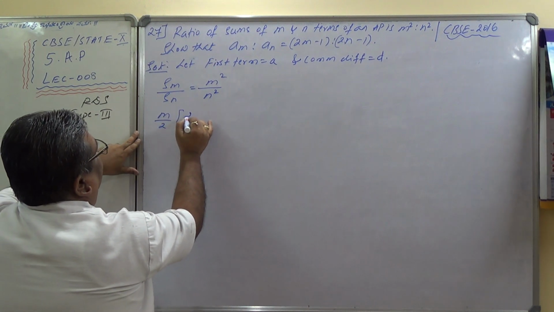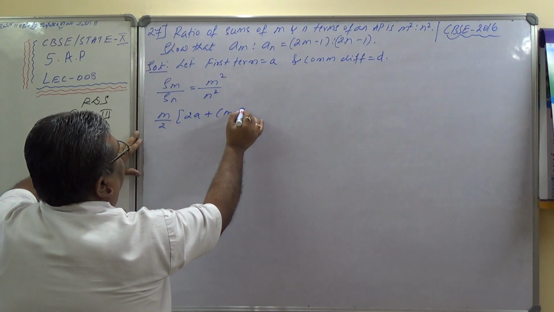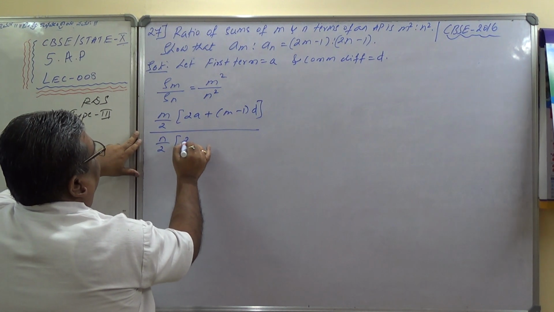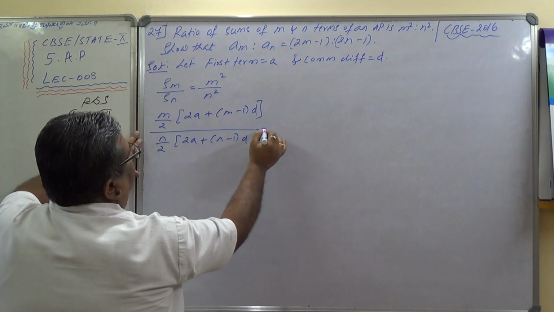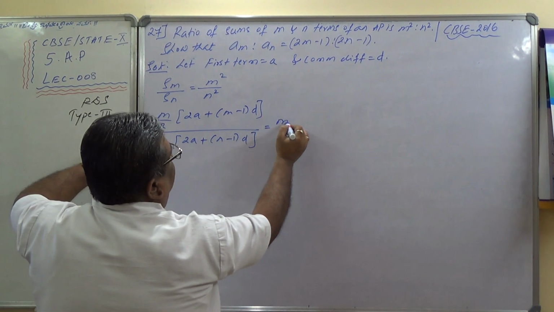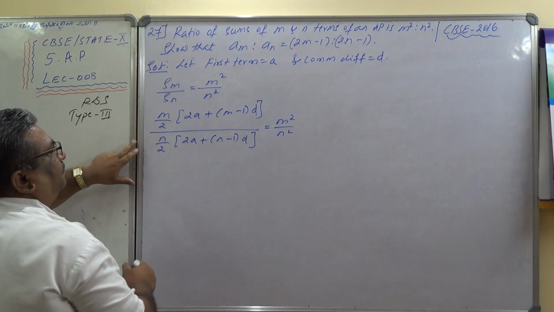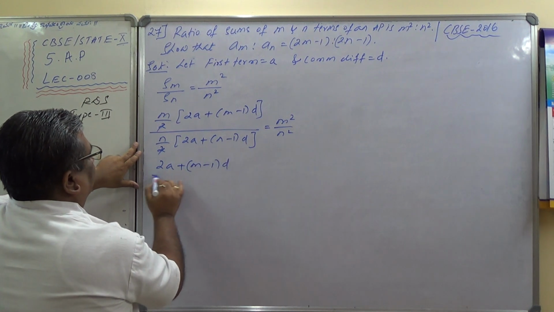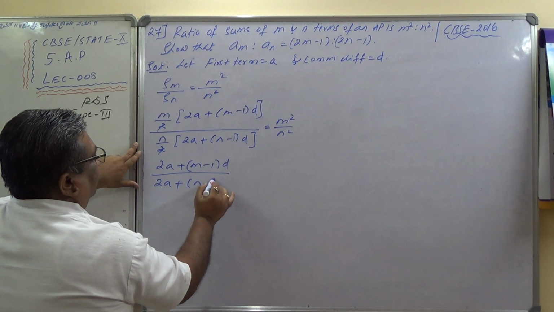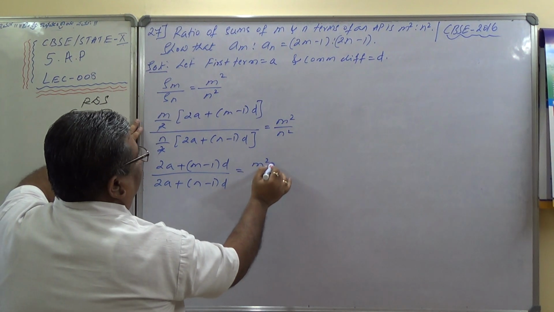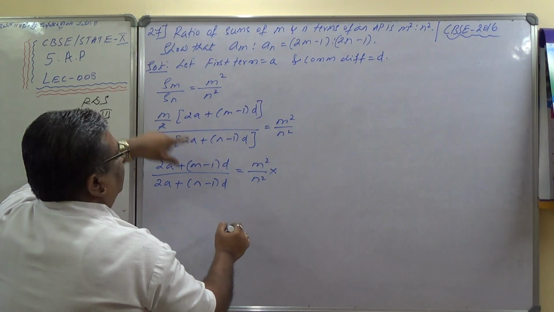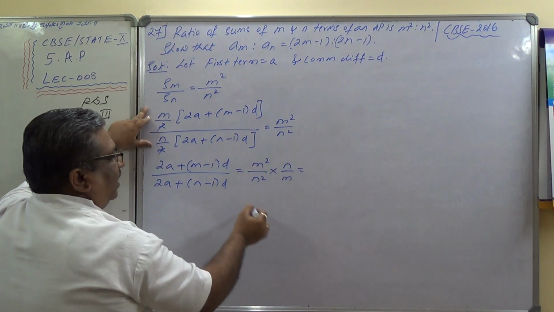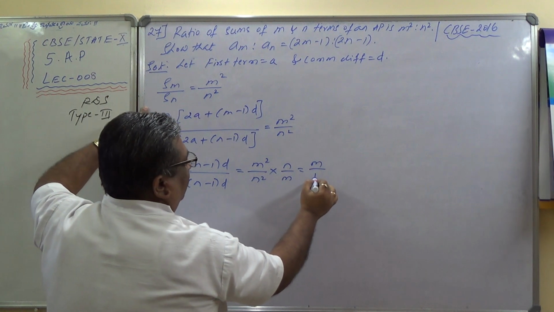So m by 2 into 2a plus m minus 1 into d, divided by n by 2 into 2a plus n minus 1 into d, equals m square by n square. 2 cancels, 2a plus, take this there, m down and n up here, m cancels, 1m, n cancels, 1n.